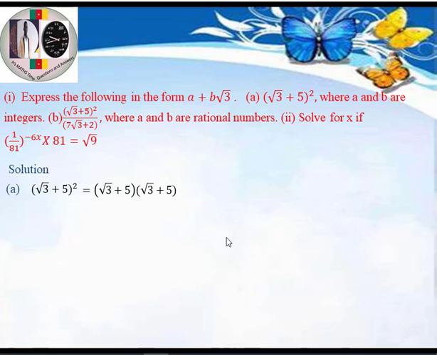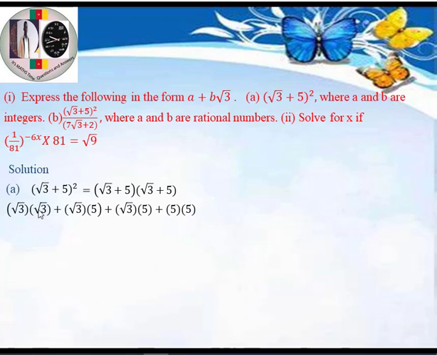To open up the brackets, everything in the first bracket multiplies everything in the second bracket. So we are going to have root 3 times root 3 plus root 3 times 5 plus 5 times root 3 plus 5 times 5.